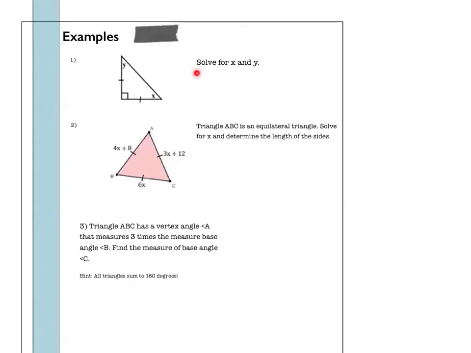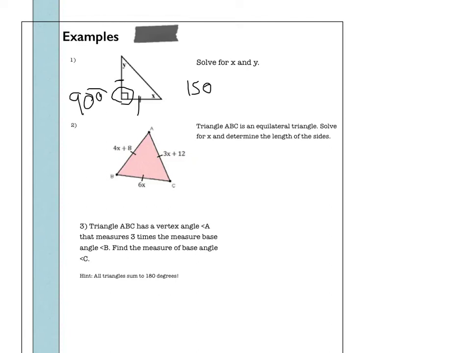Our first example, solve for x and y. Well, looking at this, I know because of my congruency marks that these two sides are congruent, making it an isosceles triangle. And I also know that this angle is equal to 90 degrees.